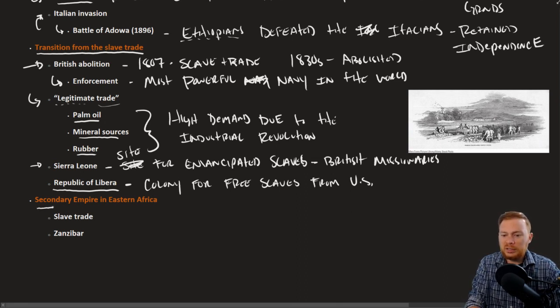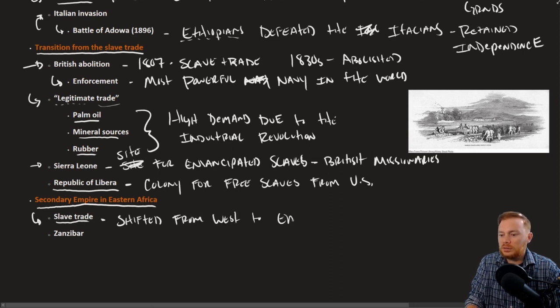Meanwhile, in Eastern Africa, and there's just a little bit in your book about Eastern Africa here, the slave trade shifted, right? So the slave trade shifted from west to east. That is, once the British began to enforce prohibiting the Atlantic slave trade, the slave trade continued to exist in Eastern Africa.